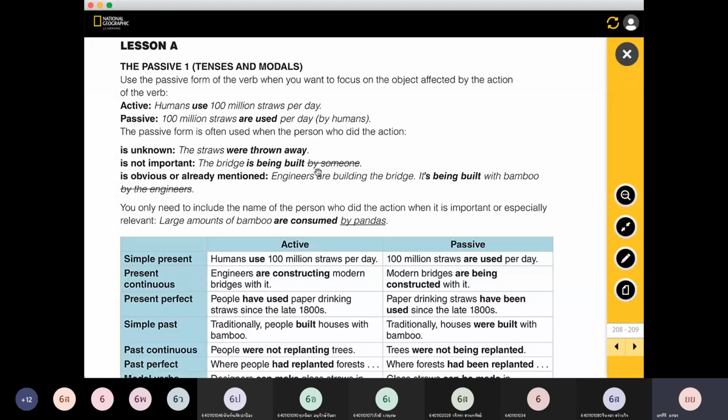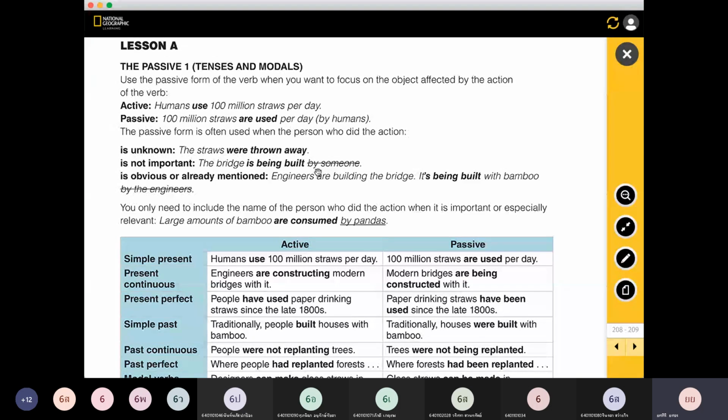Okay, because as you can see, if you're talking like, I make something, you can say, I make a straw, I make a straw from metal or something like that. So you are focusing on yourself.